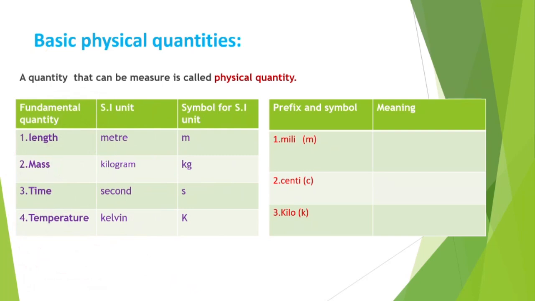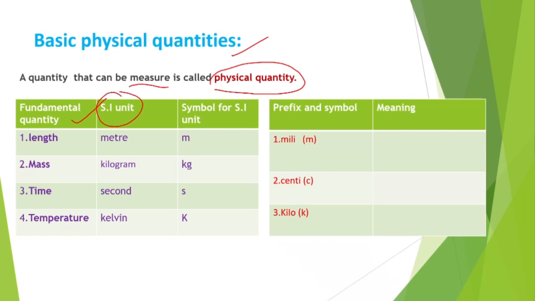Let's understand the basic physical quantities. A quantity that can be measured is called a physical quantity, right? So fundamental quantities are the basic units of measurement that are independent and cannot be derived from any other unit. They form the foundation for all other units. Understand? SI unit.